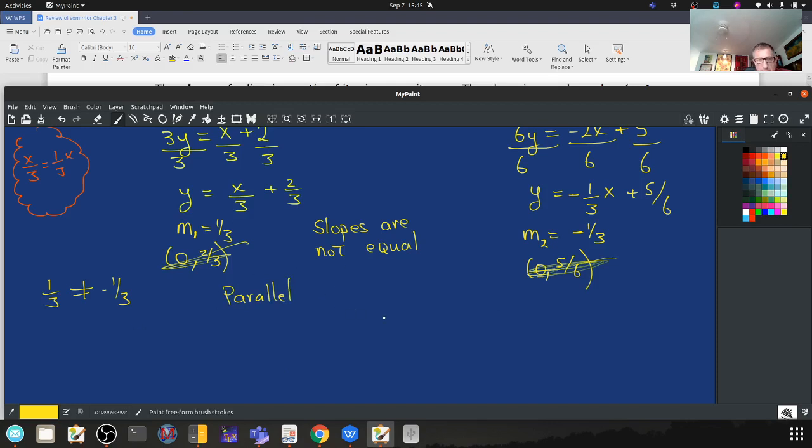So the question is, are they perpendicular? Well, the product needs to be minus 1. But the product of these is minus 1/9. So they're not perpendicular, they're not parallel.